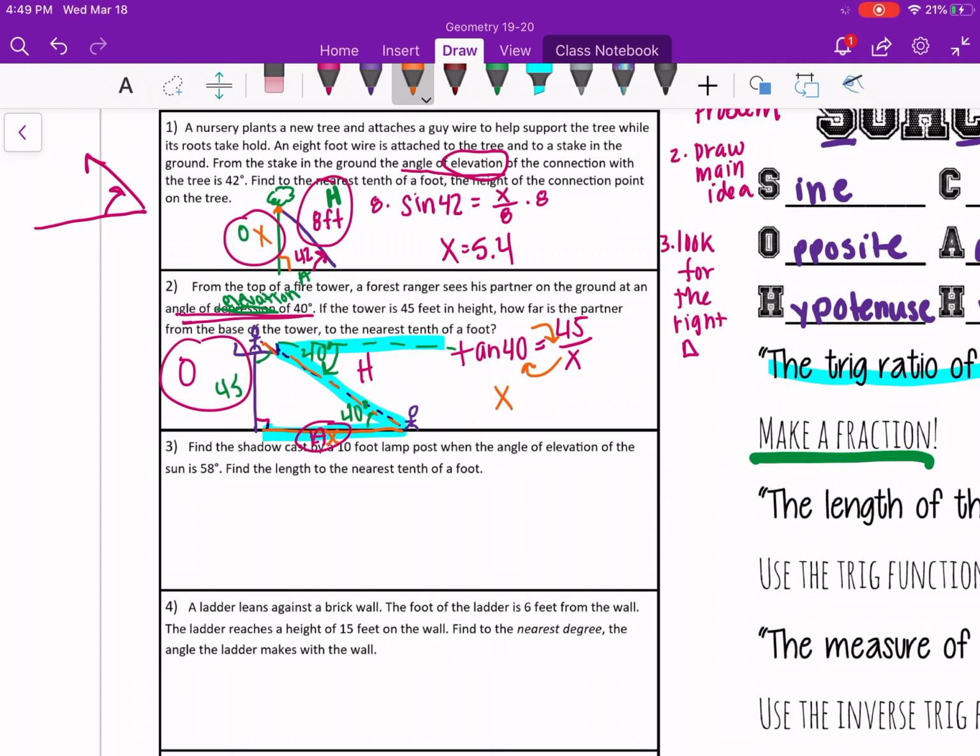I know we haven't done the switch in a day, 2 days, but that is the switch that we learned from day 2. And so you type that in your calculator, 45 divided by tangent of 40, and x equals 53.6.